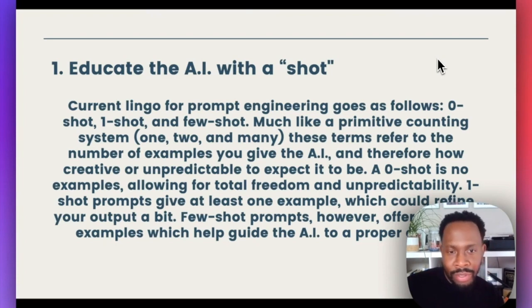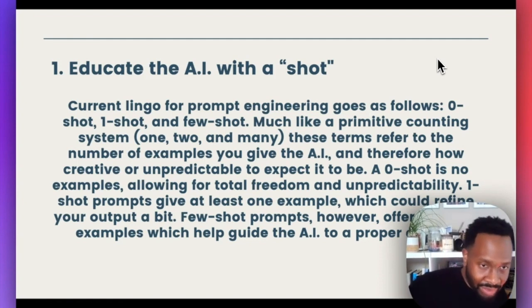Three things to think about with AI: you can create prompts or ask questions that give no examples, one example, or a few examples. If you want zero shot, that means you're not providing any examples and you want total creativity from ChatGPT in its results.